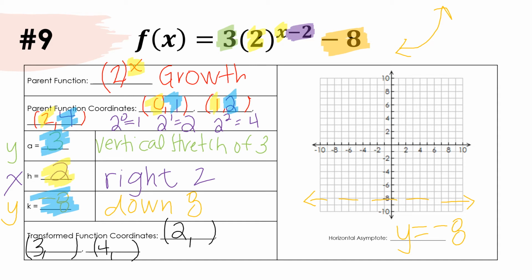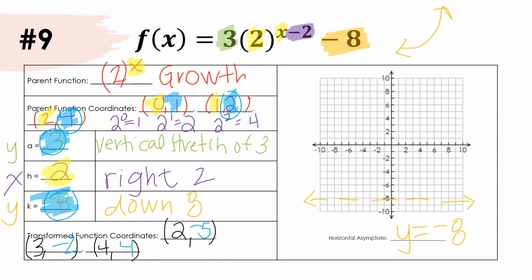So I'm going to do 1 times 3, which is 3, and then subtract 8, which is negative 5. Then I'm going to take my next y coordinate, which is 2. I'm going to multiply it times a, which 2 times 3 is 6, and then subtract 8, which is negative 2. And then finally, I'm going to take the last y coordinate of 4. I'm going to multiply it times 3, which is 12, and then subtract 8, which is 4.